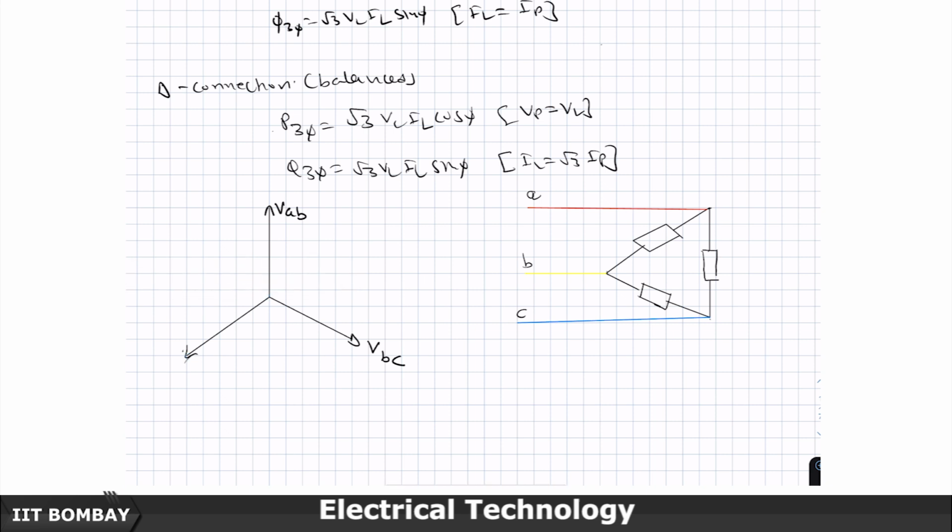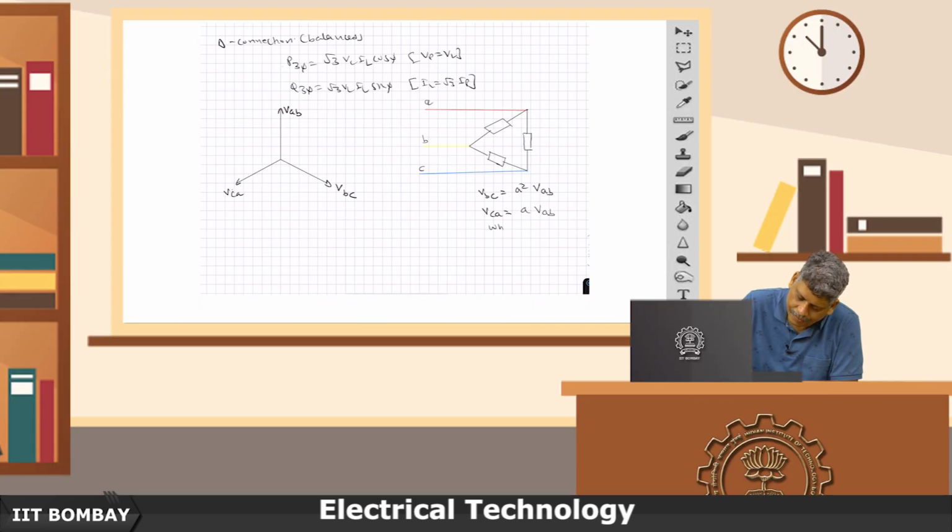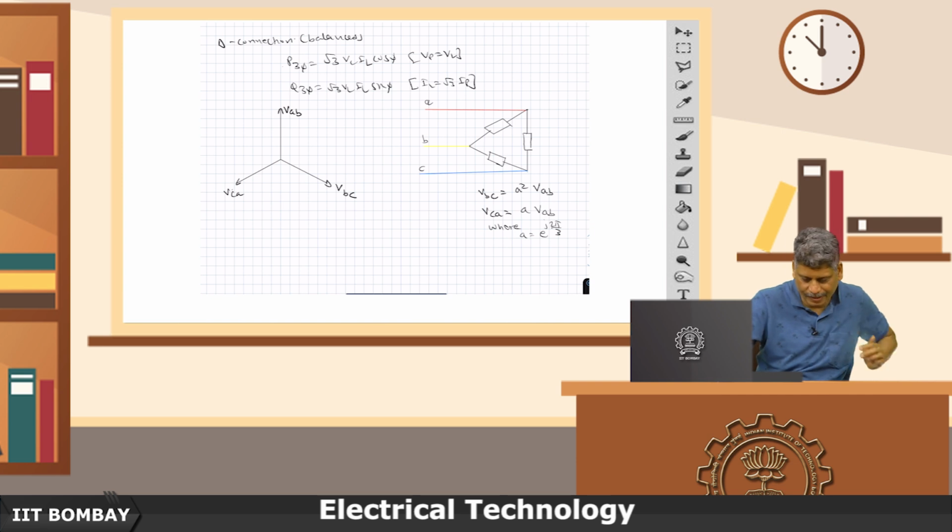So, I am going to have VBC as A square times of VAB and VCA as A times of VAB, where A is an operator which indicates 120-degree rotation in the anti-clockwise direction.